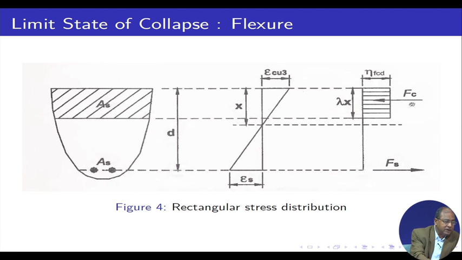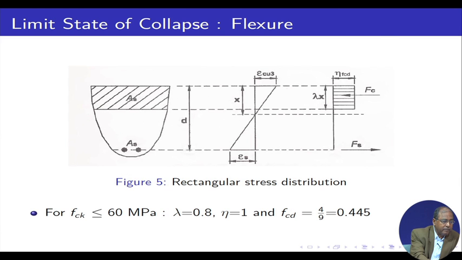So, this particular one we can consider that for fck less than or equal to 60 MPa, lambda will be equal to 0.8, eta equal to 1 and fcd equal to 4 by 9.445, that is the one.